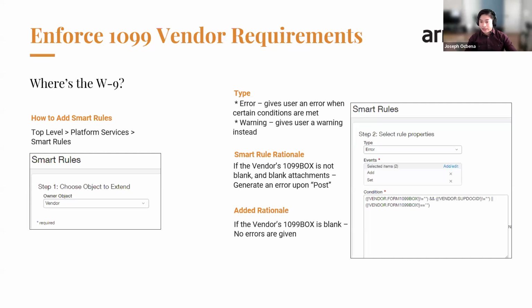So the added rationale at the very bottom is if the vendor 1099 box is blank, then no errors are given. It's completely fine. With smart rules, this ensures that you have the W9s on file on the front end, and you're not rushing to make sure that you have them during tax season.